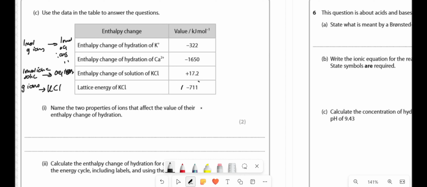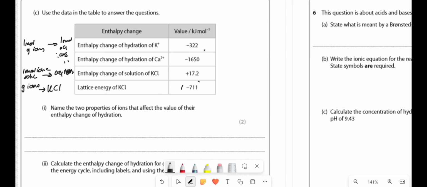So it says name the 2 properties that affect the value of the enthalpy changes of hydration. So the only difference between these two is one is K+, one is Ca2+. And you can see here that this is negative, but this is more negative. If that's more exothermic, it means more bonds are made. So the only differences between these two is that you've got a smaller ionic radius of Ca2+, because it's got that bigger charge, and that means it's dragging those electrons in because they're in the same shell.